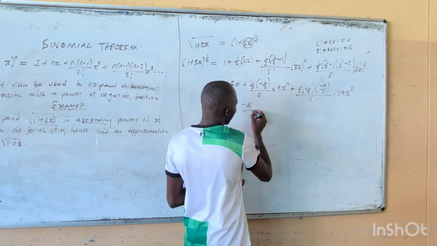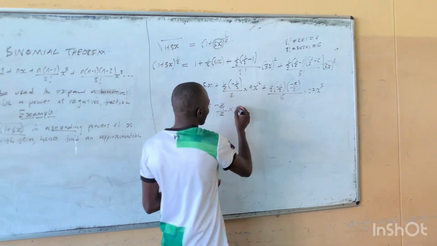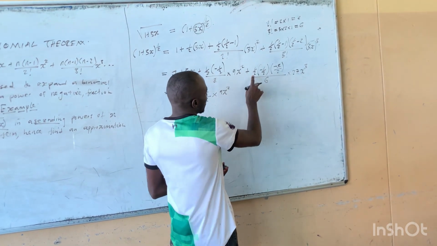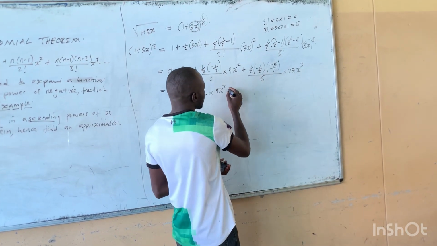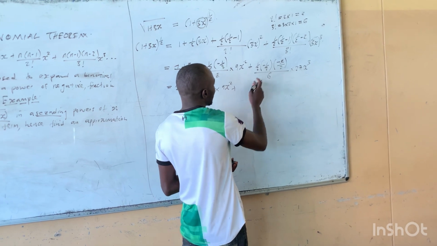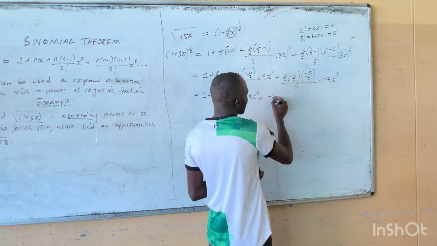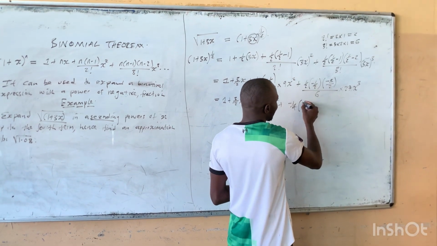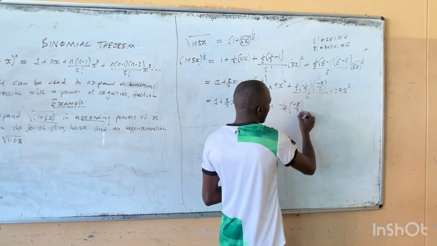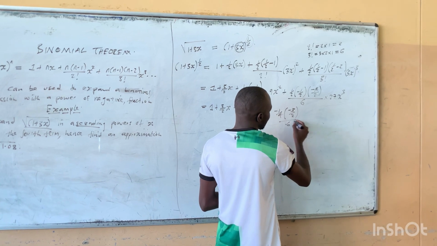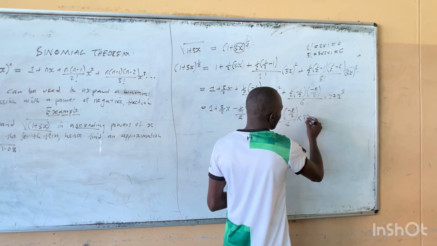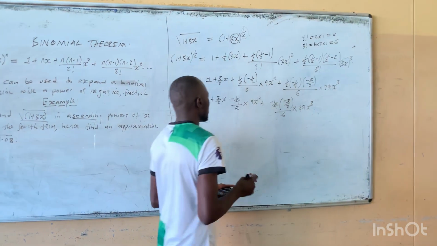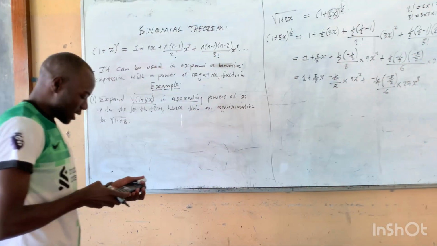This is divided by 2 times 9x to the power 2. Plus, when you multiply, you get negative 1 over 4 times negative 3 over 2, over 6 times 27x to the power 3. So that's what we are getting.